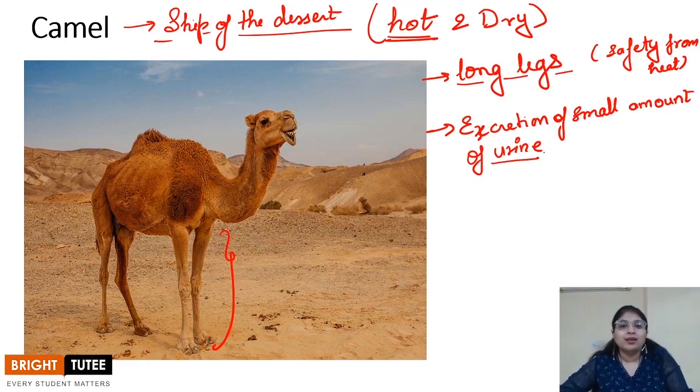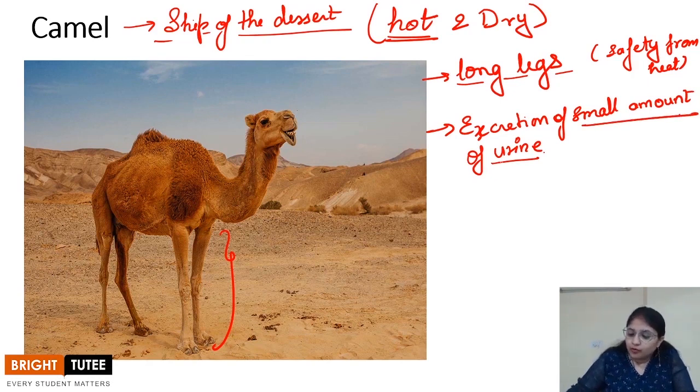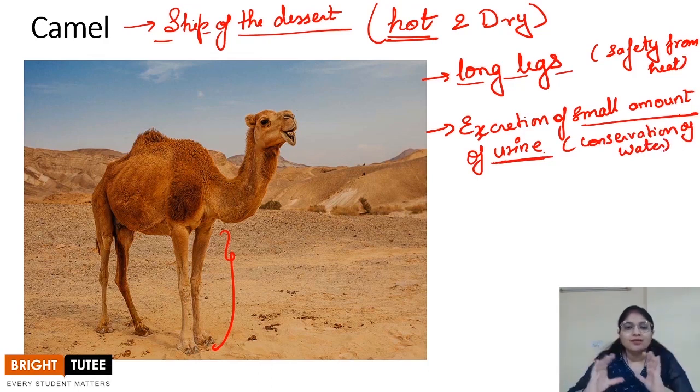We know that urine is 95% water mixed with other toxic substances. But in the case of the camel, a very small amount of urine is excreted, hence conserving water. Very little urine helps the body to conserve the water present inside, because the availability of water is quite less in the desert, right?